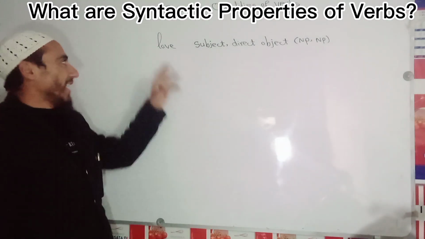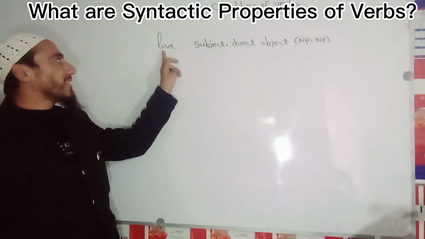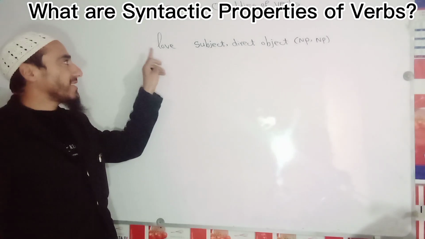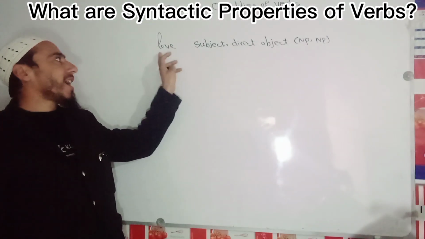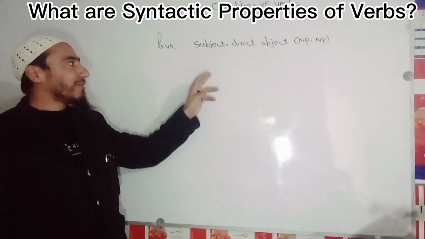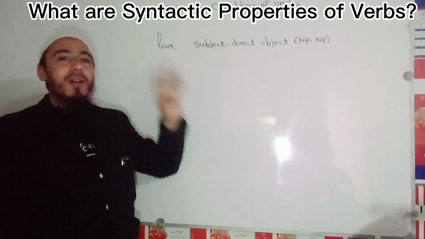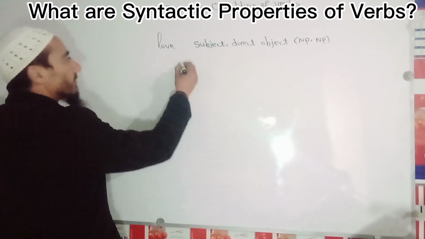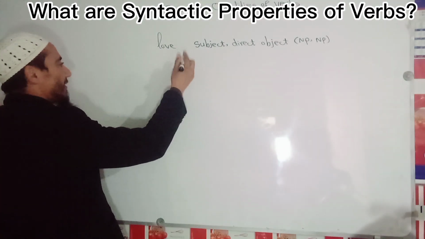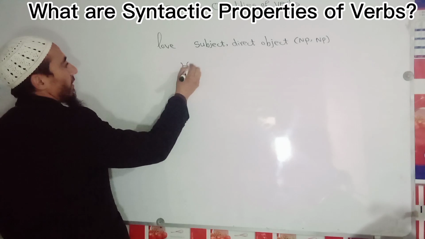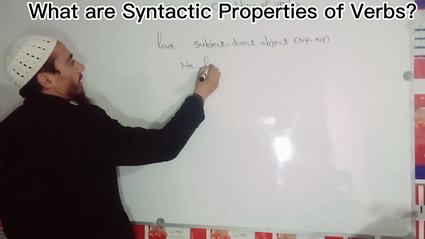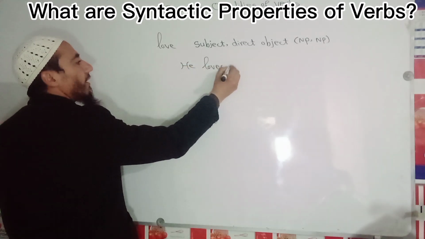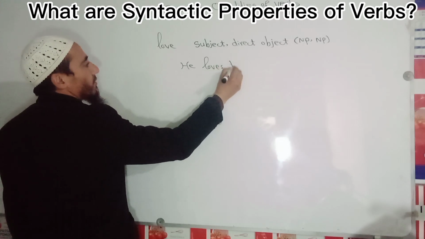Now what does it mean? It means this verb is preceded by one NP which is the subject, and it is also followed by another NP which is the object of that verb. For example, we see: he loves books.